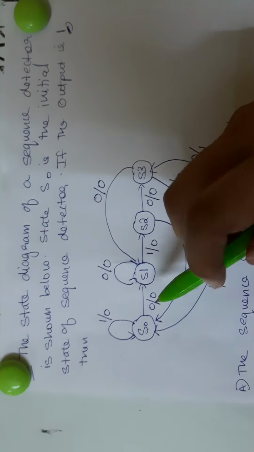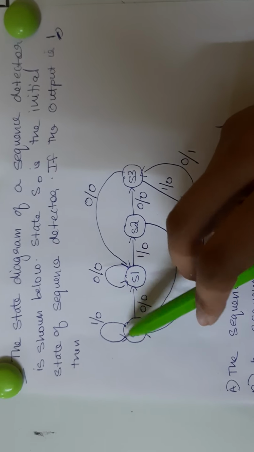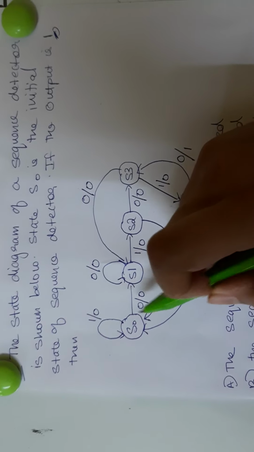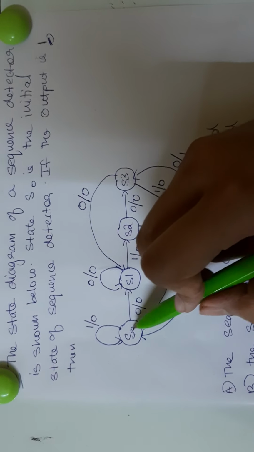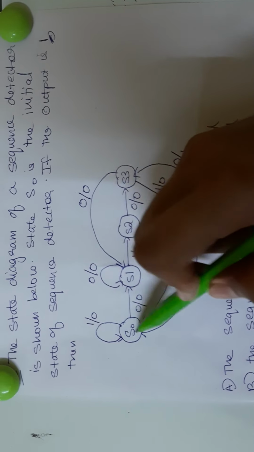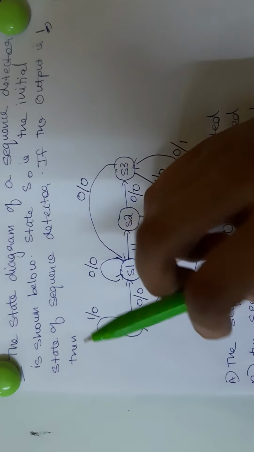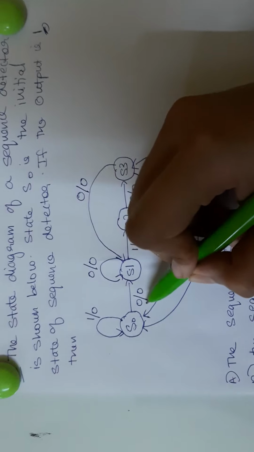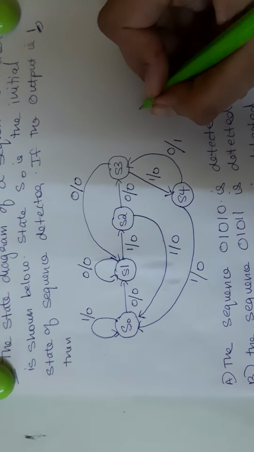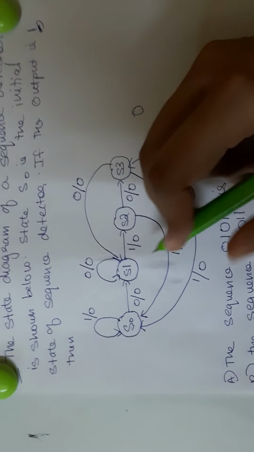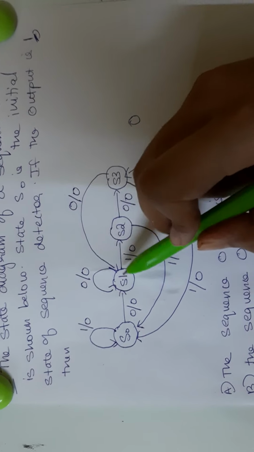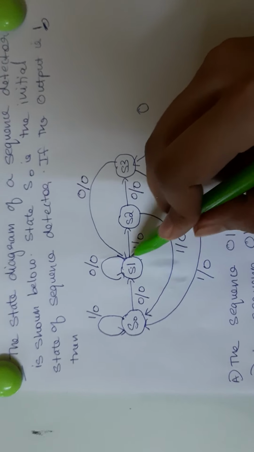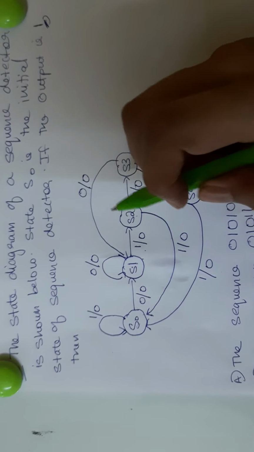So let us start from S0. Now see, if I take input as 1, it will remain at the same state, so no use. I have to move to the next state, which means my input should be 0. So my first bit is 0. At S1, if my next bit is 0, it will remain in S1 only, and if it is 1, only then it will move to S2.